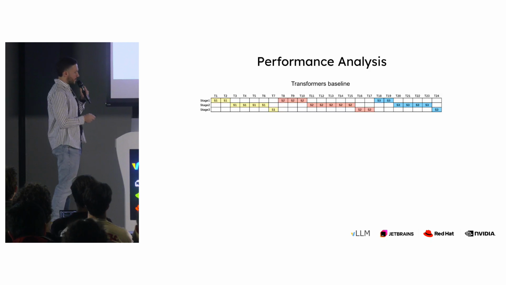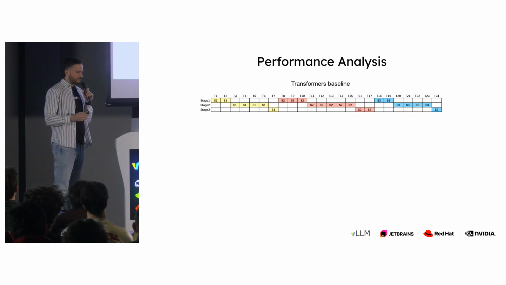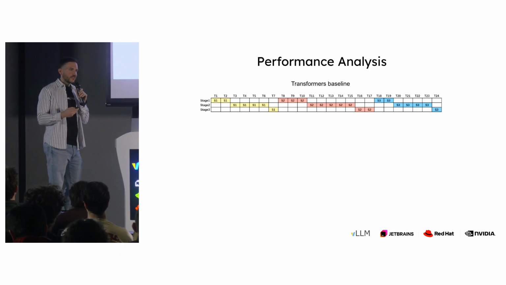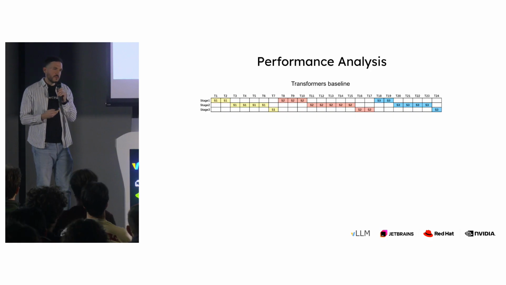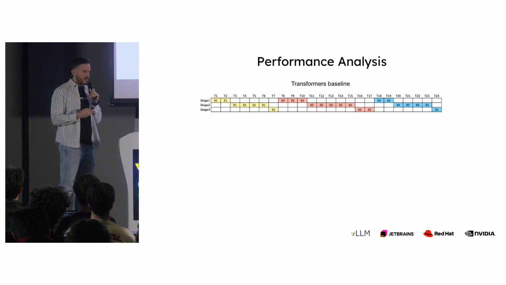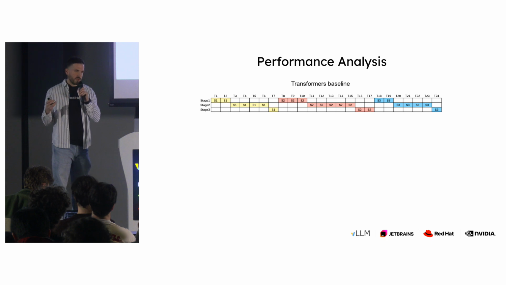So we've seen how vLLM-Omni defines a pipeline. The first thing that might come to your mind is how you schedule these pipelines. If you do it naively, you will find yourself in situations with so-called bubbles.